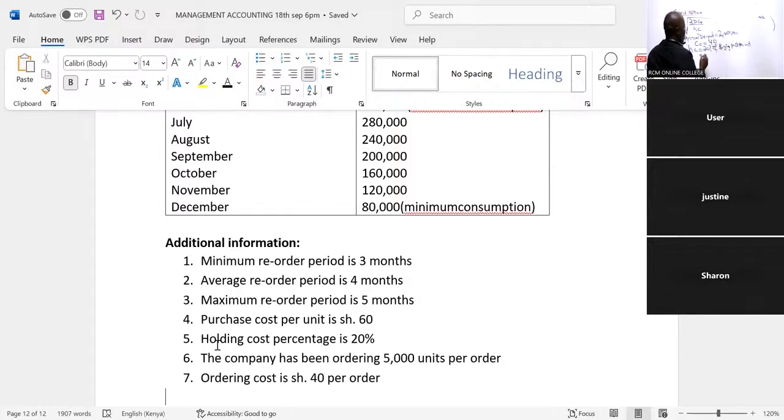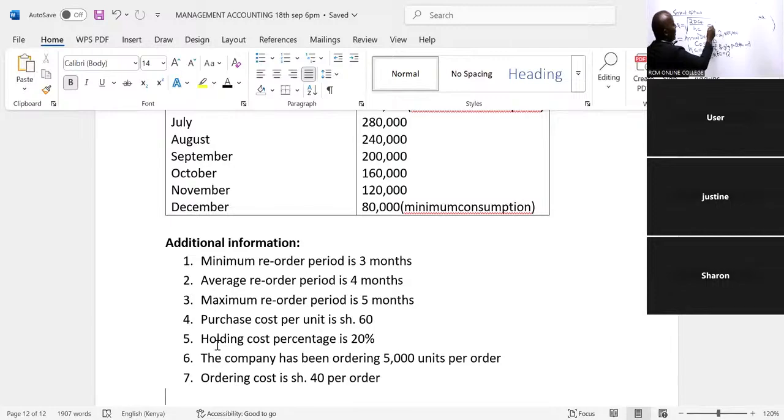Is there anybody who is able to see the buying price per unit? 60, yeah. So 0.2 times 60 will end up giving me what figure? 12.